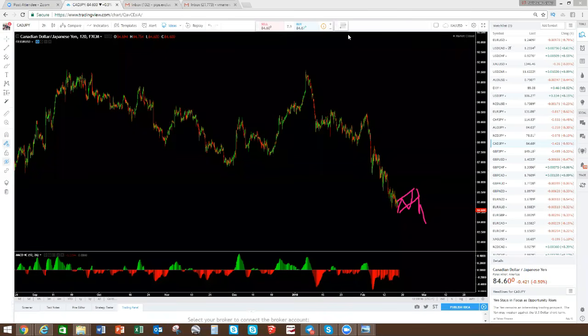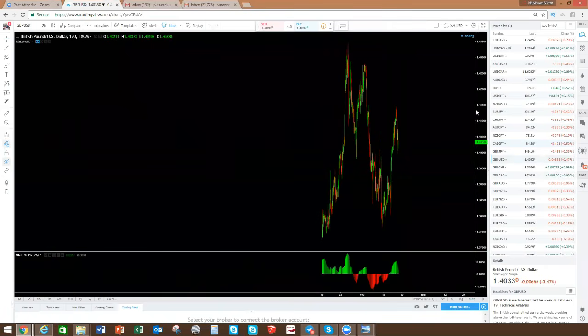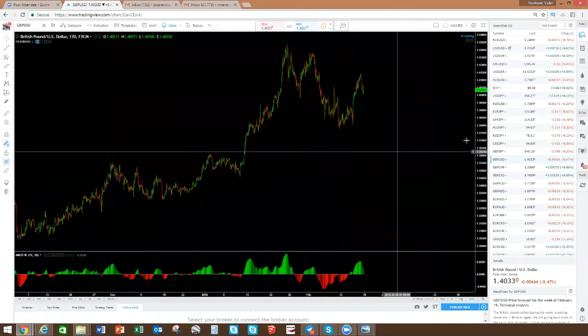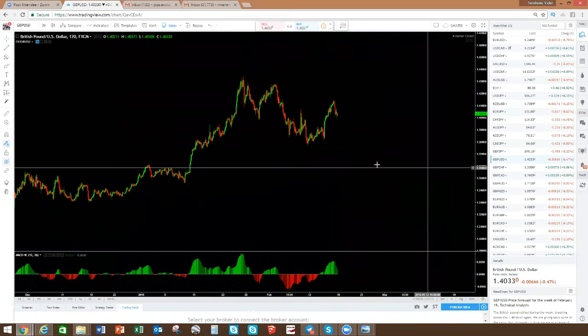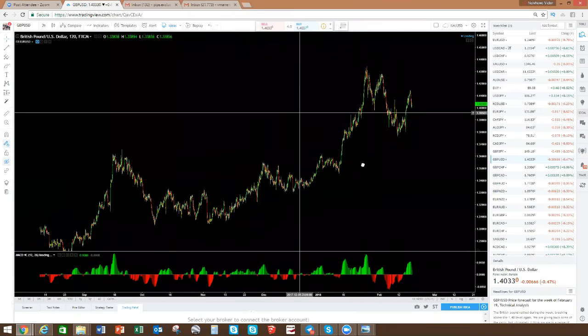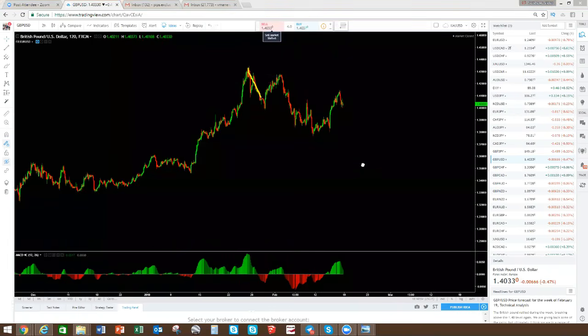All right. Now let's do all the pound pairs, pound US dollar. So similar to Euro US dollar, pound US dollar, we had this 1, 2, we had this 1, 2 here.